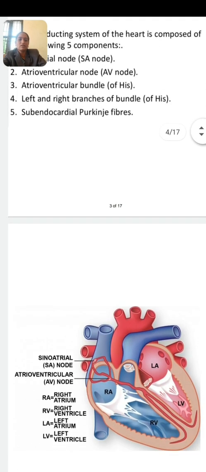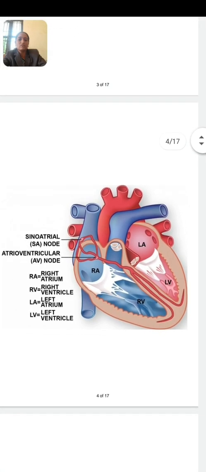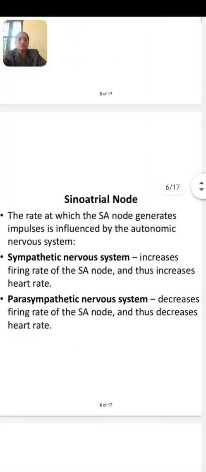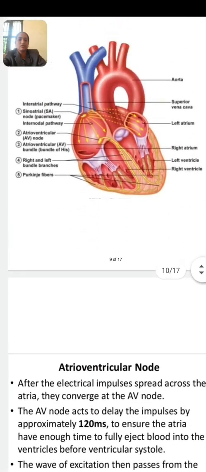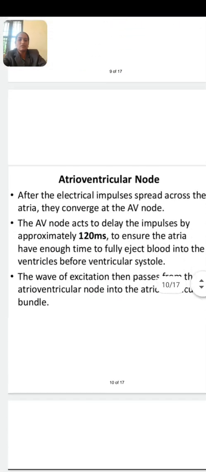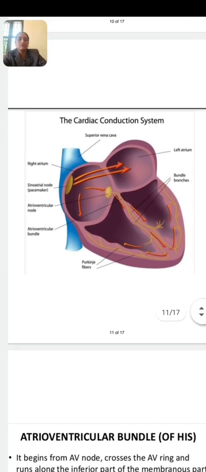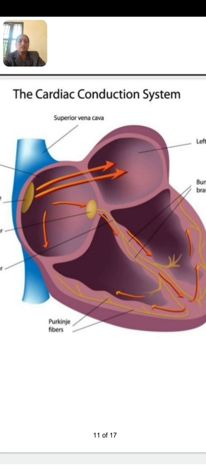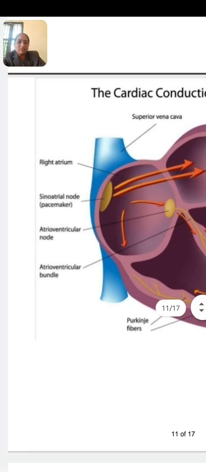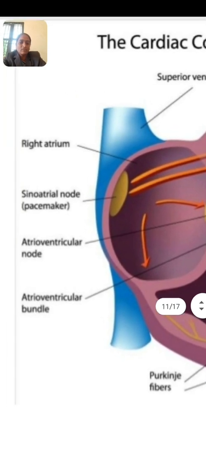Look at the location of the components of the conducting system. In this diagram, the conducting system is given. The first member is the SA node, which is located in the wall of the right atrium.